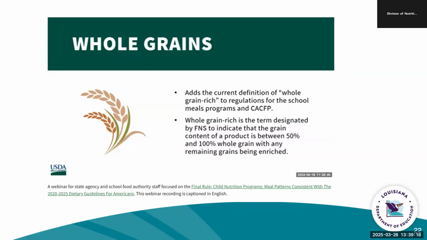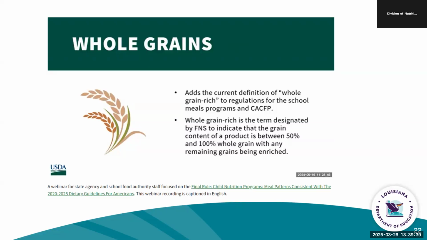Whole grains. These next updates are basically just clarifications and wording changes. For whole grains, this adds the current definition of whole grain rich to regulations for school meal programs and for CACFP.